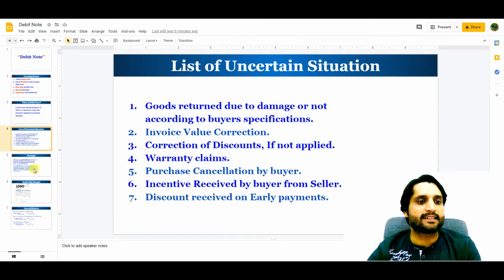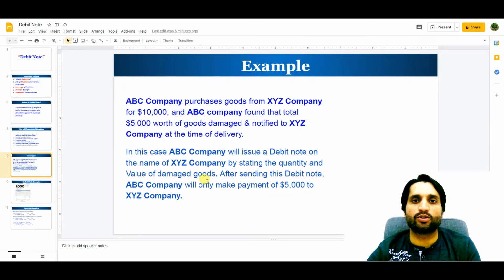Now let's see an example so you will understand this debit note very easily. ABC company purchases goods from XYZ company for $10,000. So ABC company is the buyer and XYZ company is the seller. ABC company found that a total of 5,000 worth of goods were damaged and notified XYZ company at the time of delivery. In this case, ABC company will issue a debit note when it returns the goods.